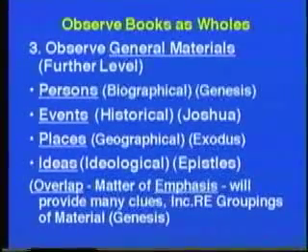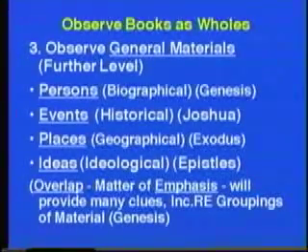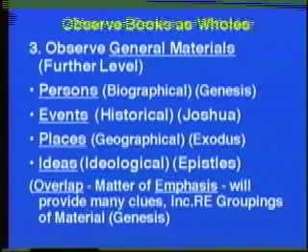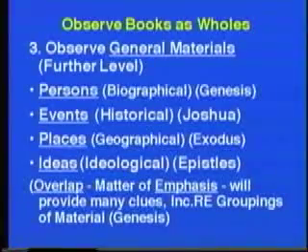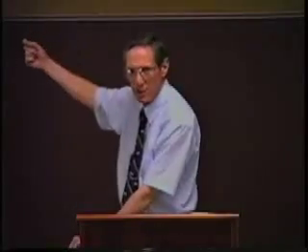Now, there are various values. Let me emphasize, as I do here, that these things overlap. Obviously, persons do things, so they're involved in events. Events take place in places. Persons often engage in discourse, so you have ideas. So these things overlap. It's a question of emphasis or primacy.